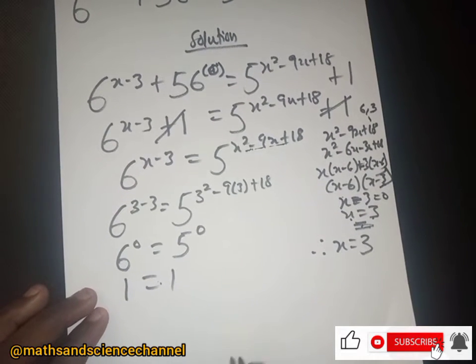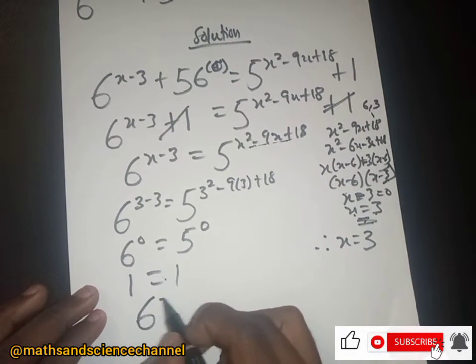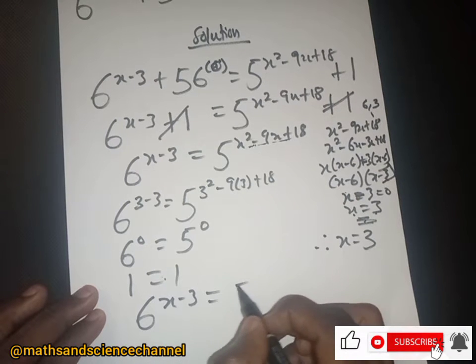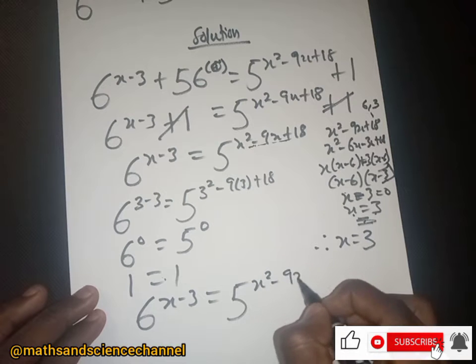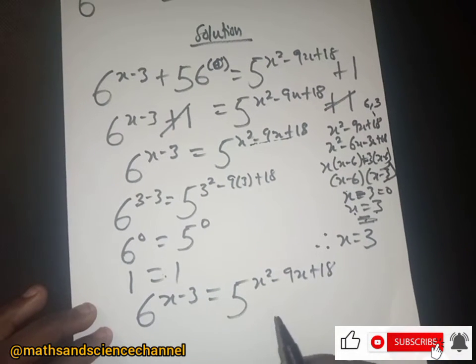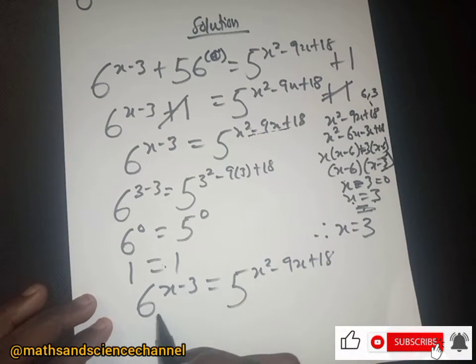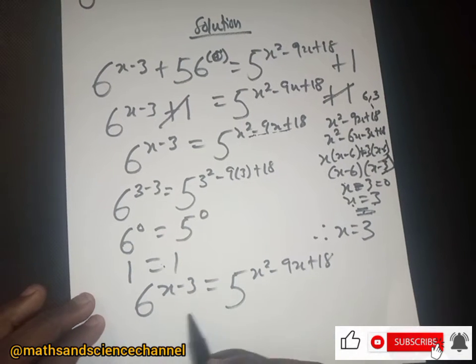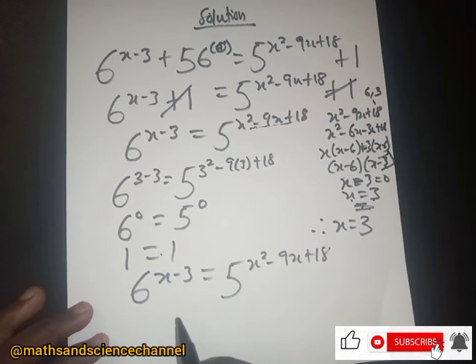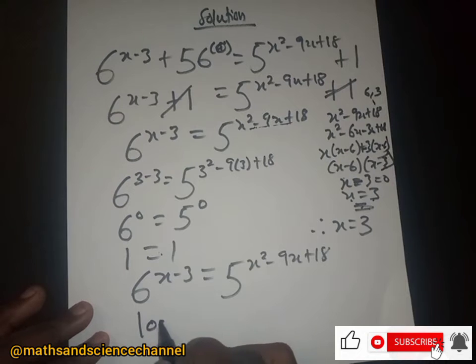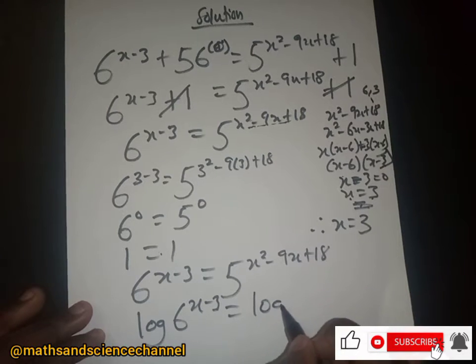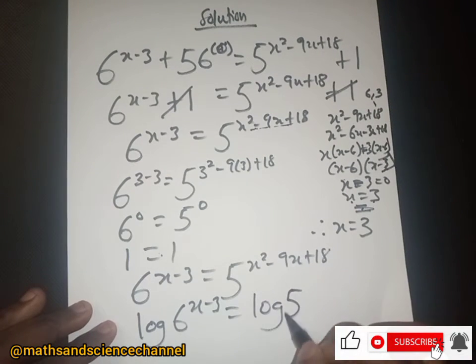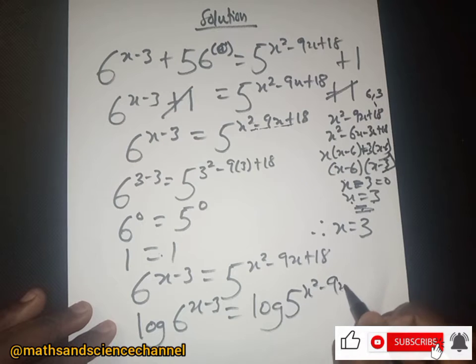Since we have 6 exponent x minus 3 being equal to 5 exponent x squared minus 9x plus 18, what we can do is apply log on both sides, right? So applying log on both sides, we have the log of 6 exponent x minus 3, then also the log of 5 exponent x squared minus 9x plus 18.